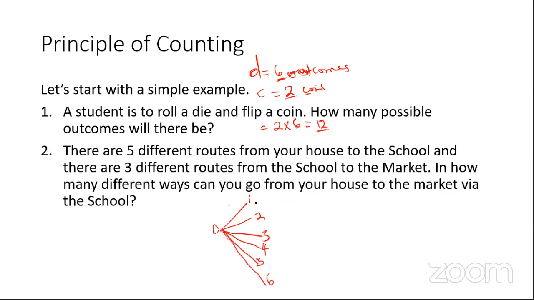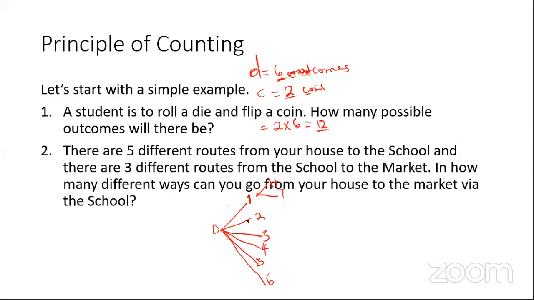Now, having done that, let's assume that our answer is 1. When you flip a coin, you can either have head or tail. Meaning that you can have 1 for the die and head for the coin, or 1 for the die and tail for the coin. So those are 2 different ways that you can get.